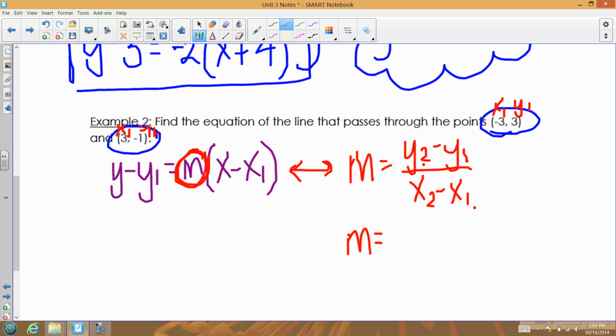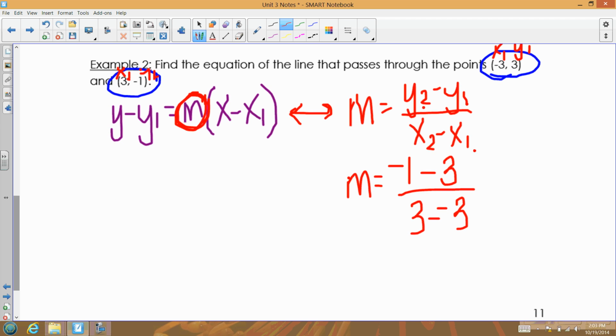So I'm going to substitute my y2, so -1 minus y1. And then it's going to be x2, which is 3, minus negative 3. And then you just go ahead and simplify. So on top we'll have negative 4. On the bottom we have 6.